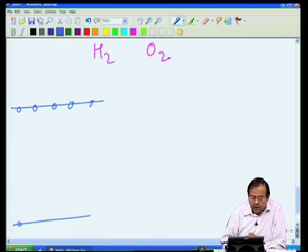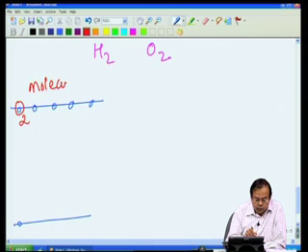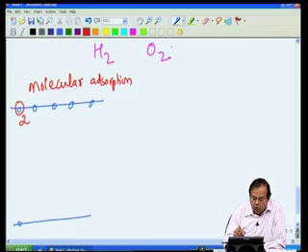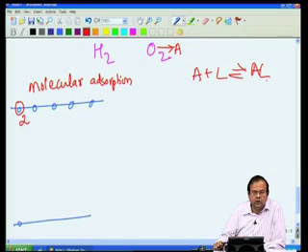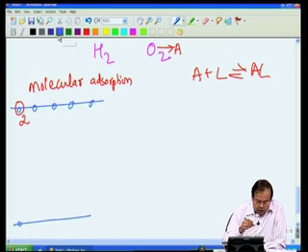One possibility is that this oxygen simply adsorbs as an oxygen molecule. So, molecular adsorption. If I call the molecule O2 as A, then this is the same as A plus L giving rise to AL. So, the entire discussion that we had earlier applies equally well.